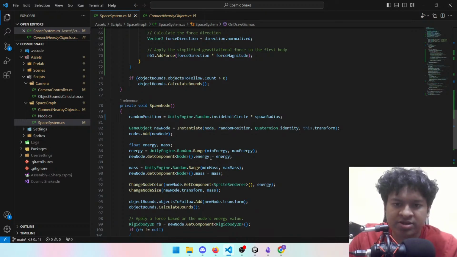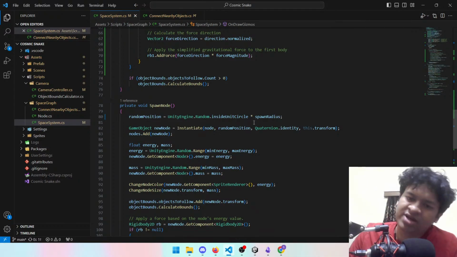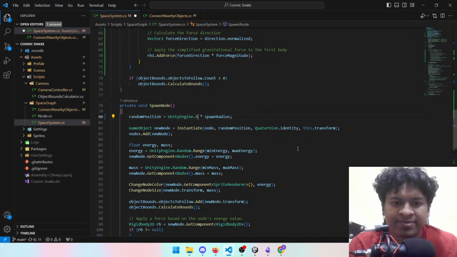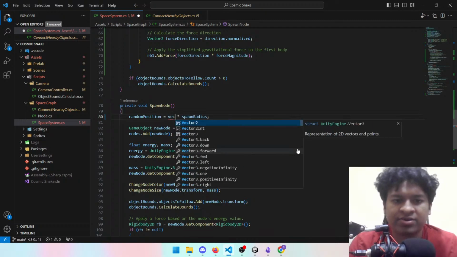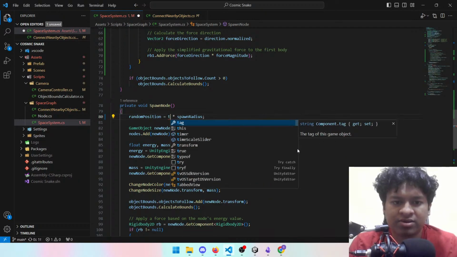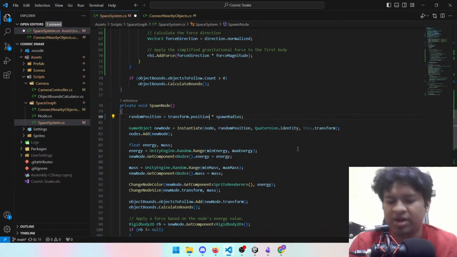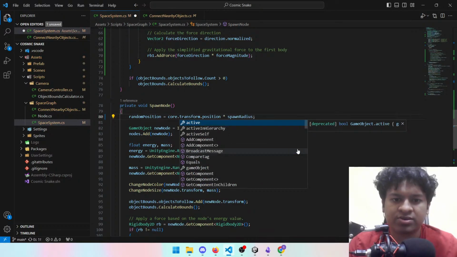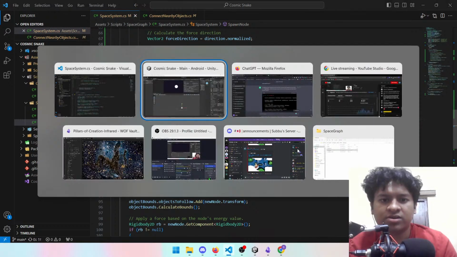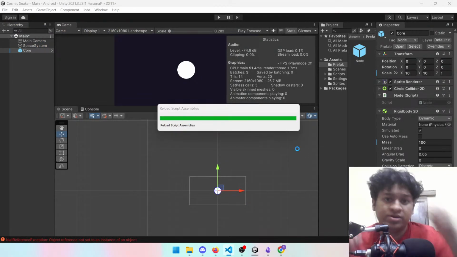Inside unit circle spawn radius. So choose a direction. You don't care about the direction. Spawn radius. Can I do this? Transform that position. If I can do that, then what would happen?